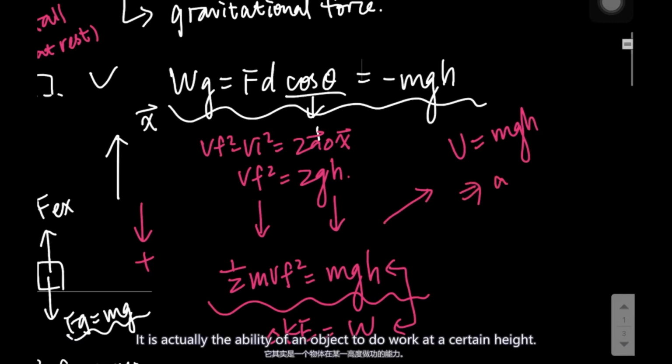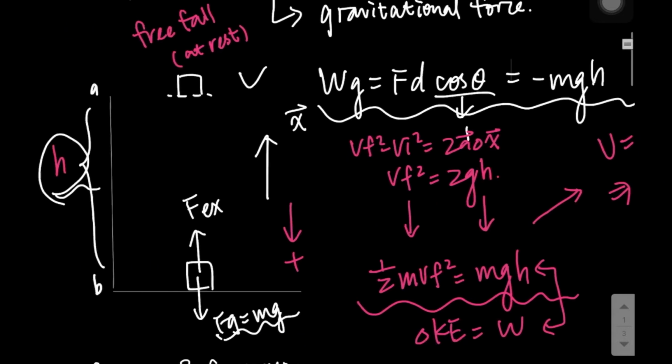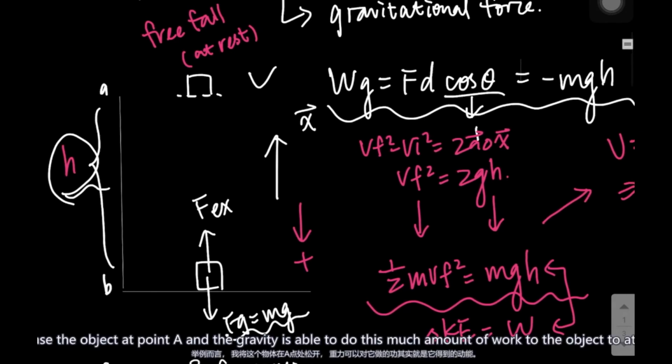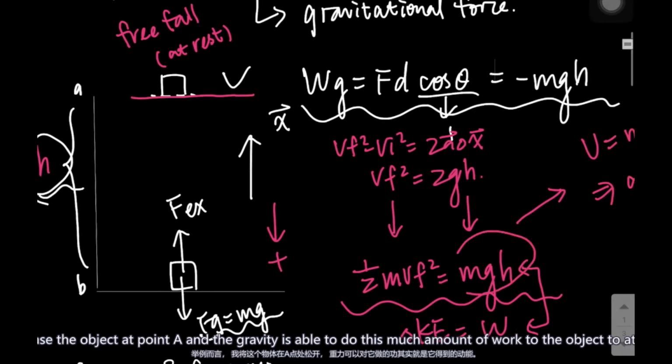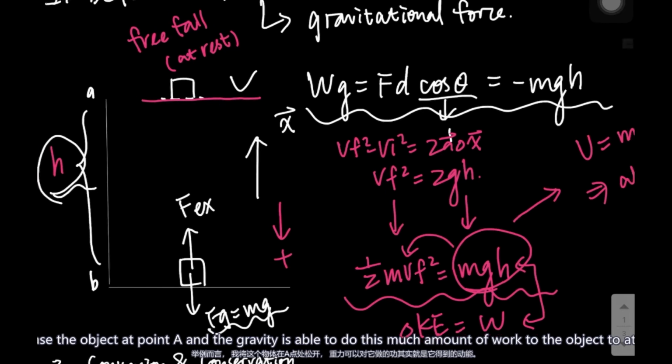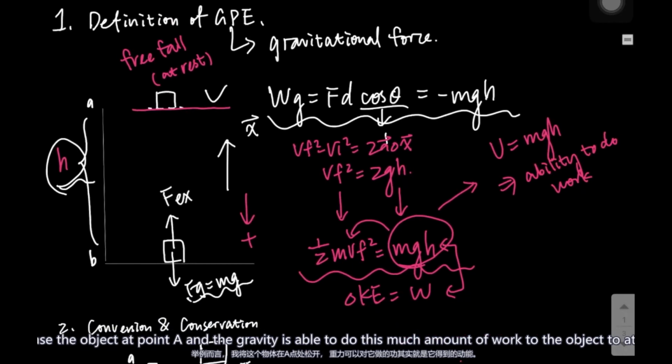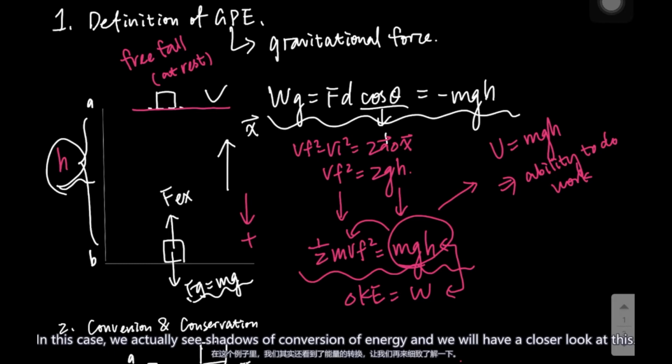It is actually the ability of the object to do work at a certain height. For example, I released the object at point A and I was able to do this much amount of work to attain this, right? Okay, so in this case, we actually see shadows of conversion between energies. We will have a closer look at this.